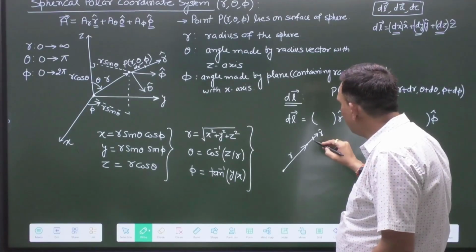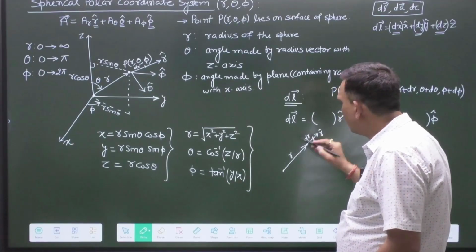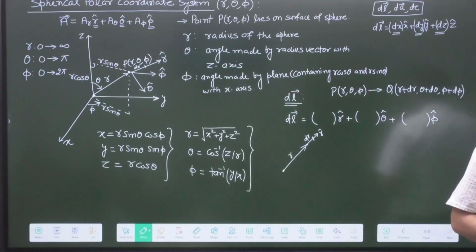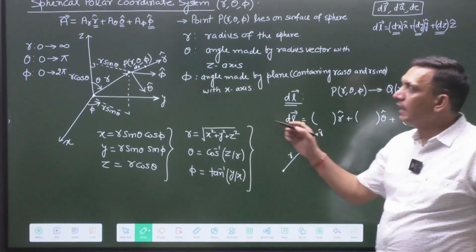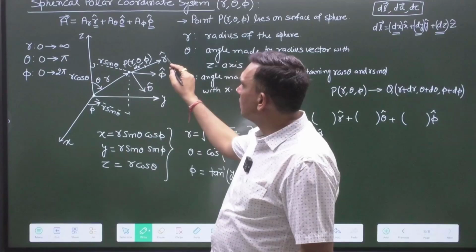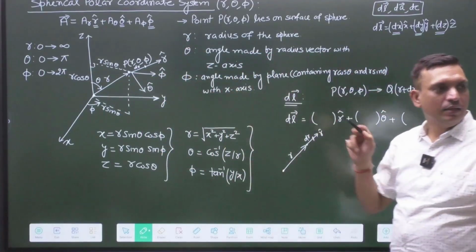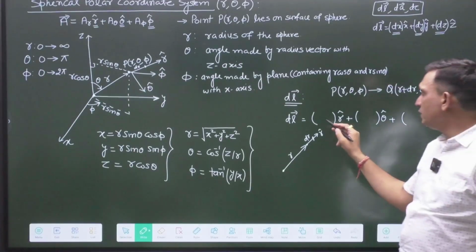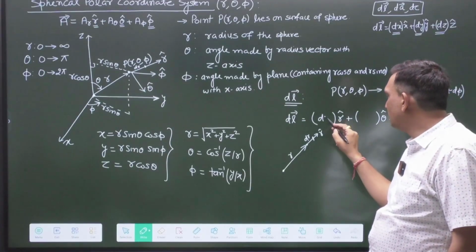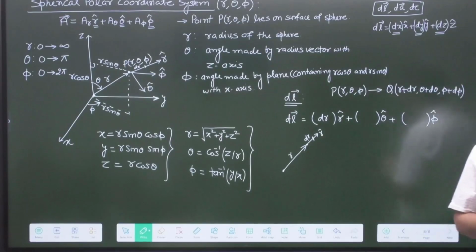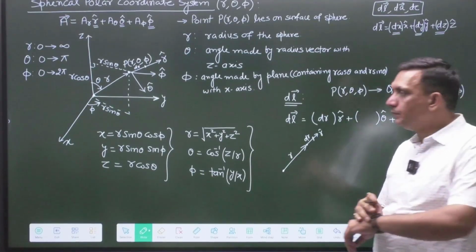This change is given by simply dr. You have to see change along r cap when r changes to dr. So along this axis, you can easily see that change. That will be simply dr. So that's why here you will write dr. Okay?